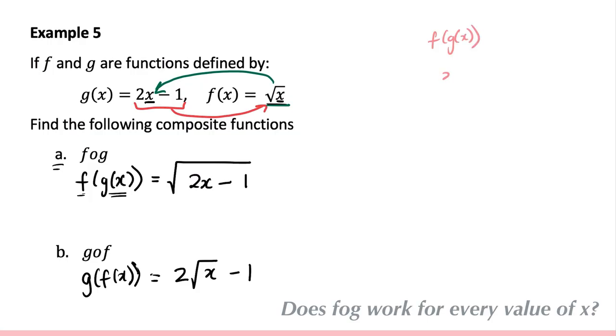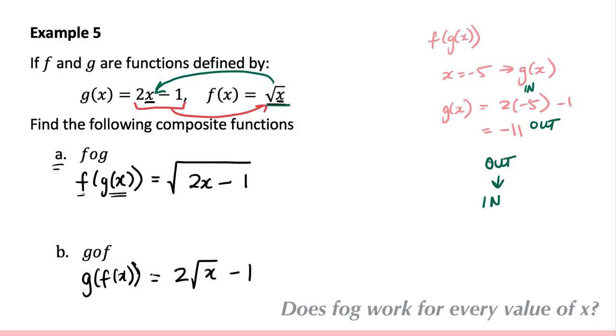And if we start off with x equal to -5, let's put that into g of x. So that would just simply be 2 times -5 minus 1. I get -11. So my initial input is -5. I get an output of -11. Now let's see what happens. So remember, with composite functions, your output becomes your new input. And if you think about your output, this is kind of like your y value, right? Because usually that's equal to y.